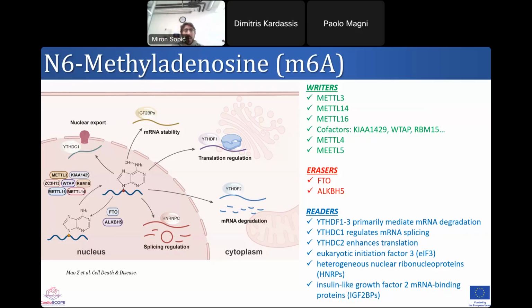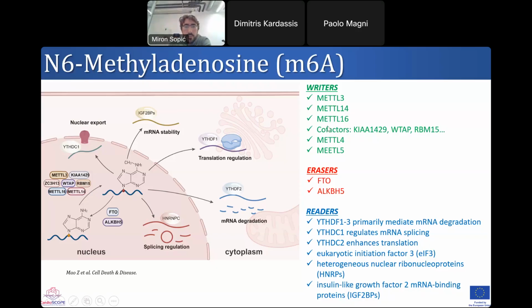In the case of M6A, the writers are very complex. So here you can see the complex. This part here is not multiple enzymes; it's just one large complex. Within this complex, METTL3 is the actual enzyme that performs the methylation, but all the other parts are needed if you want this reaction to happen. So a very, very complex enzyme.